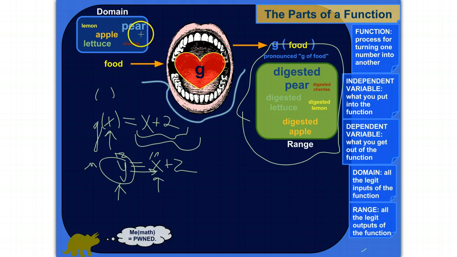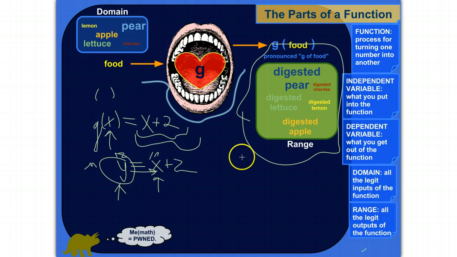You're not going to see house. These aren't things that I can eat, so they're not legitimate values that I can put into this particular function. The range would be all the outputs of the function. So if my domain here is all the foods that I can eat, the range is all the products of those foods. So digested pears, digested cherries, digested lemons, etc.